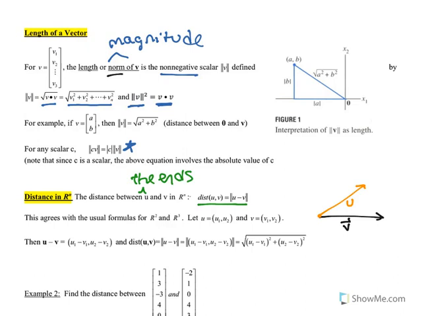I want to represent this segment, the distance in between them. It will be the same as a parallel distance over here if I draw out negative v. So this would be u minus v. These two are going to be the same lengths. So the distance is going to be the magnitude of u minus v.